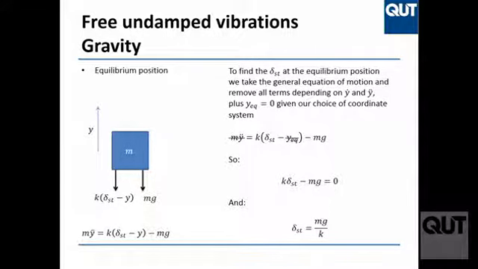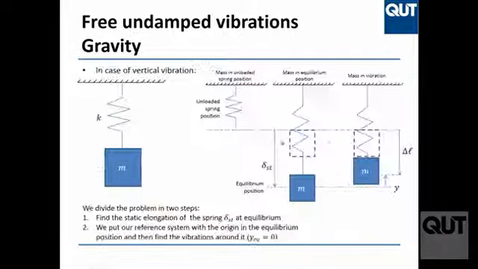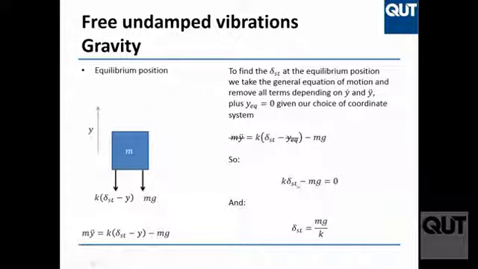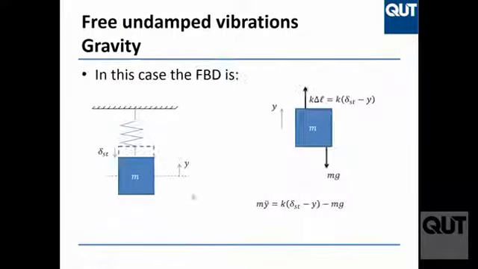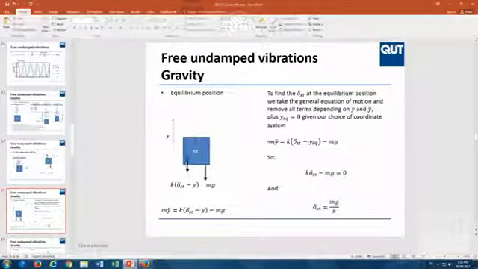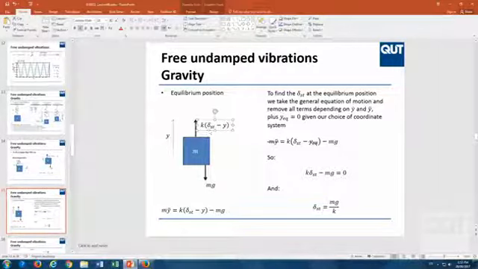I can find this amount, where the equilibrium position is compared to the situation with the unloaded spring. That's not part of the vibration, of course, but it tells me around which point the vibration happens. Clear? It's mg divided by k in this case. I changed the convention, I told you, and I missed some force.